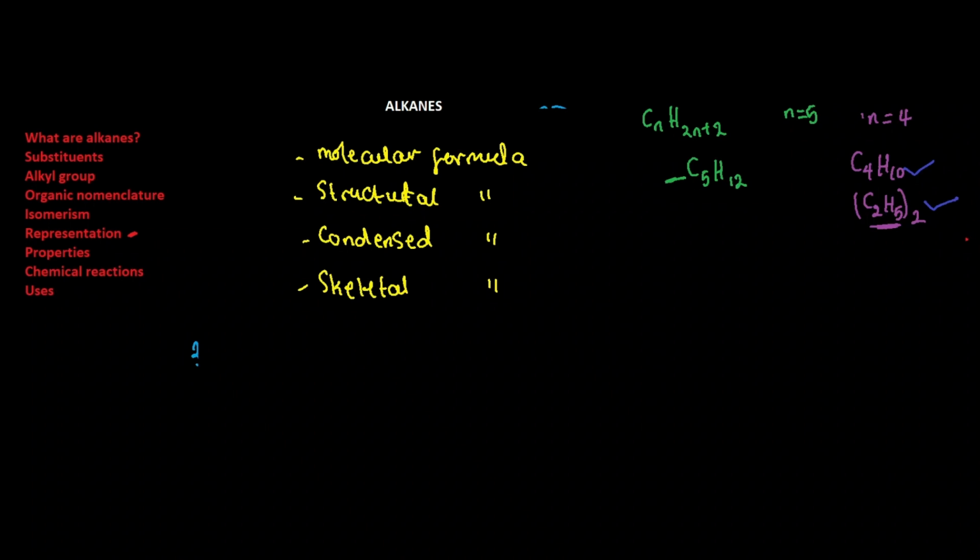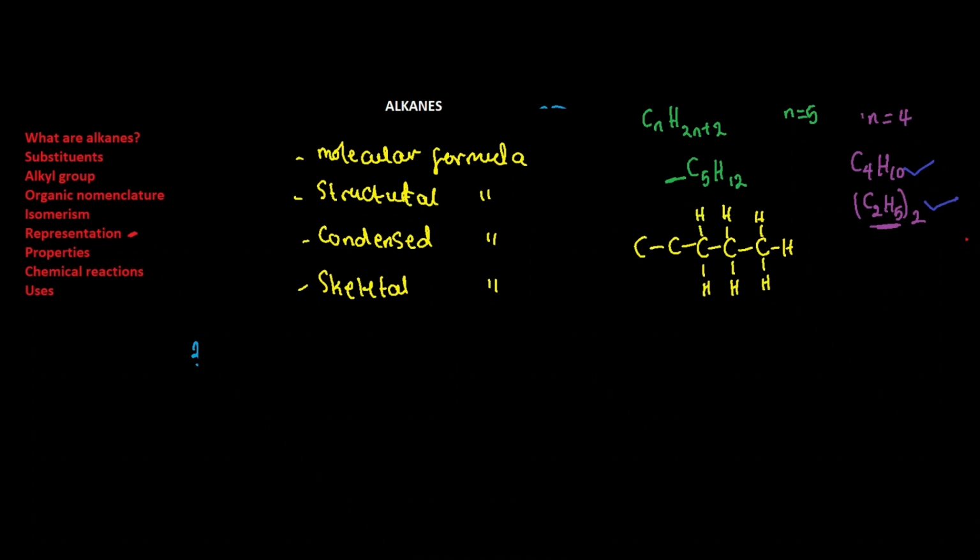Now, how about the structural formula? The structural formula could also be called the Lewis structure. So for C5H12, the structural formula would look something like this. Of course, with the hydrogen attached, we'll just fill this up.